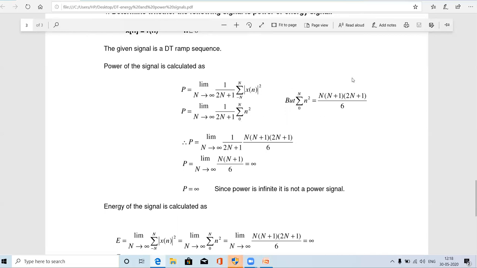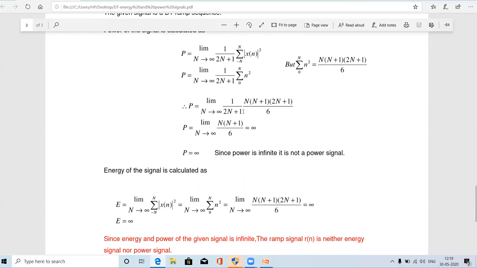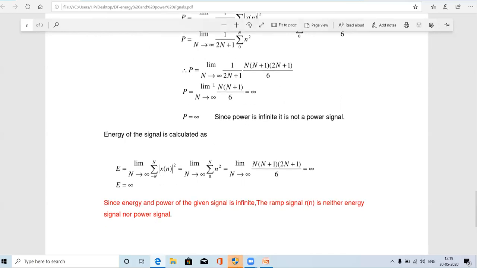The answer for this standard series is n into n plus 1 into 2n plus 1 divided by 6. Here this 2n plus 1 is cancelled. Now in this term we can't remove n from the numerator. You just directly substitute n equal to infinity, so we will get the power value is infinite.